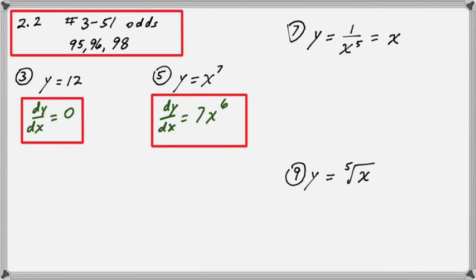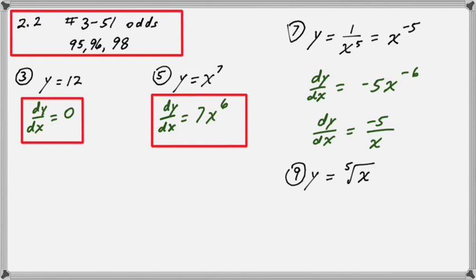Could this be called x to the negative 5? Once you rewrite it, let's see what we get. Power times base to the 1 less power. I told you I'll never accept negative exponents. So that's an x to the negative 6, which simply means it's x to the 6th in the denominator.